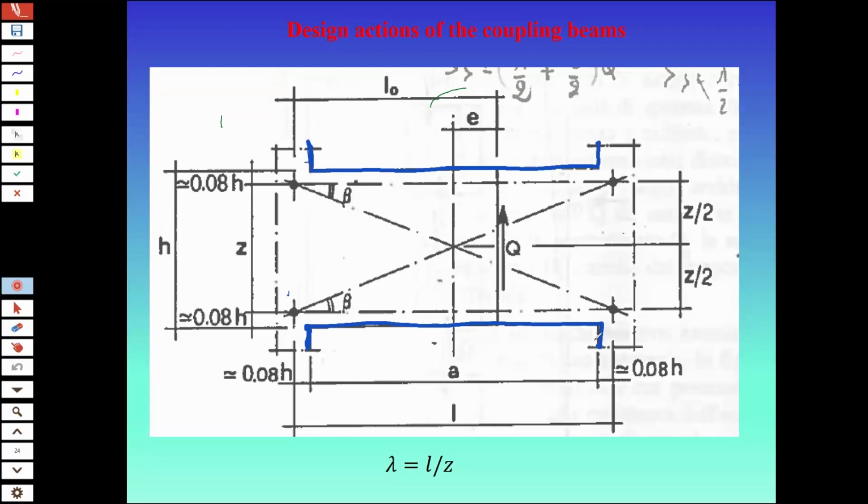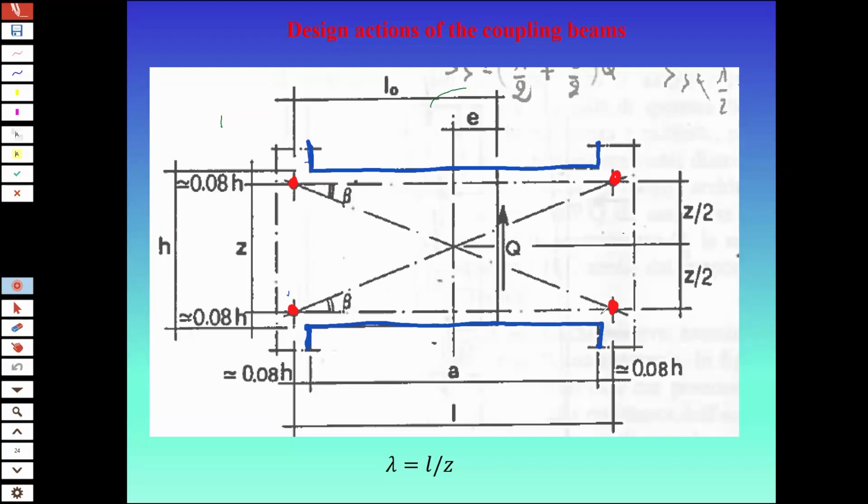Now, you see, we have highlighted a little bit this position here. You see, we have these 4 points. This here.